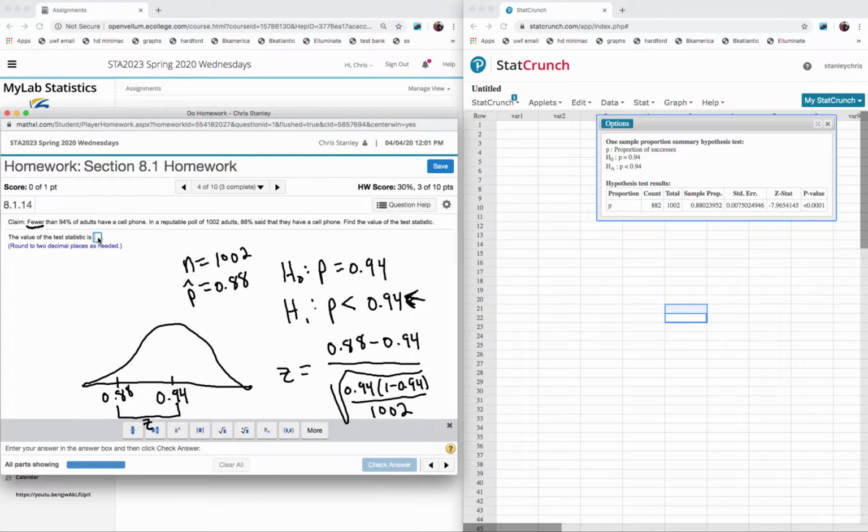Hopefully that works. Okay, that 4 stays. Take that to a 7. Actually, I'll take that back and I'll do 7.97. Yeah, this would be better.